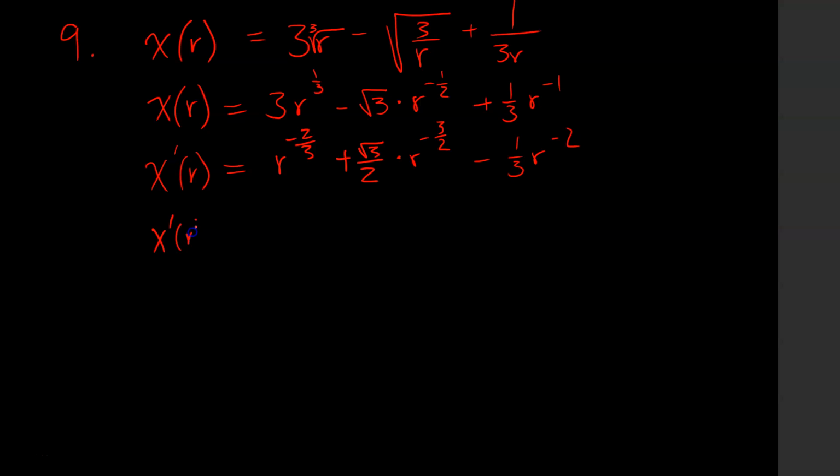So x prime of r is going to be r to the -2/3 power is 1 over the cube root of r squared plus √3 over 2 times the square root of r cubed minus 1 over 3r squared.